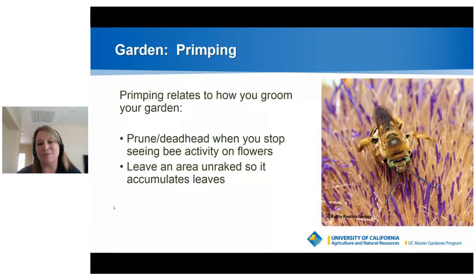So this is important if you have the space. I do want to recognize that not everyone has the space. If you have a small landscape, if you are working with just a patio garden, this isn't realistic for you. But if you do have a larger landscape where you can leave an unraked area, that's a great way to provide shelter for native bees.